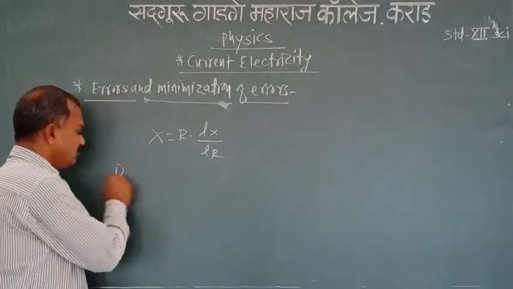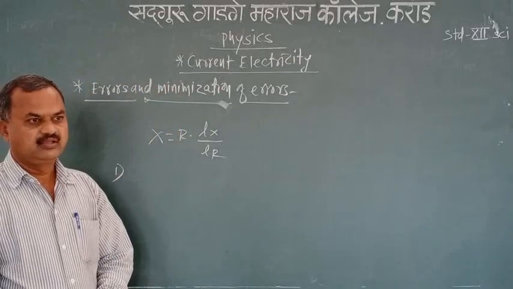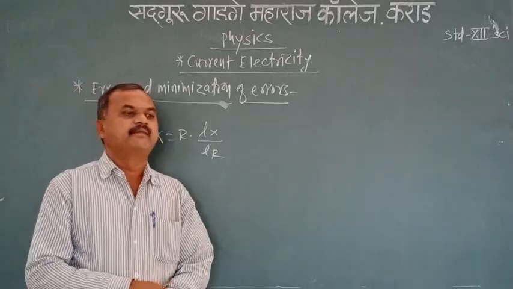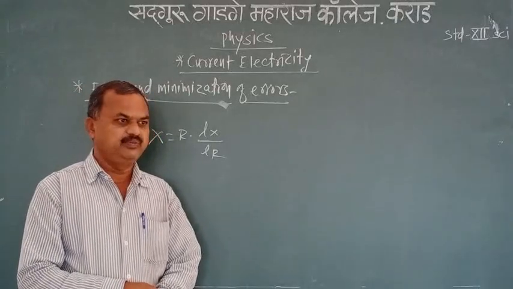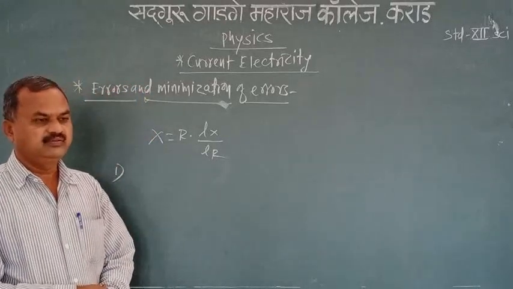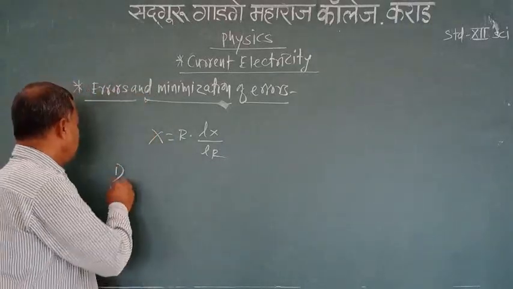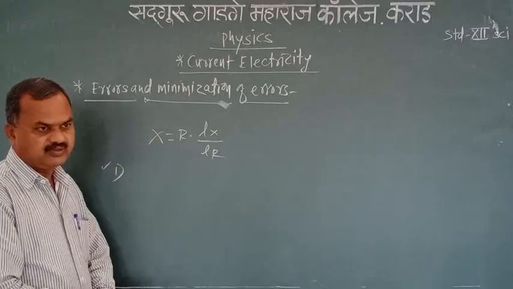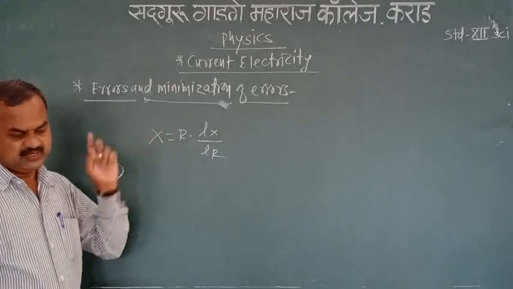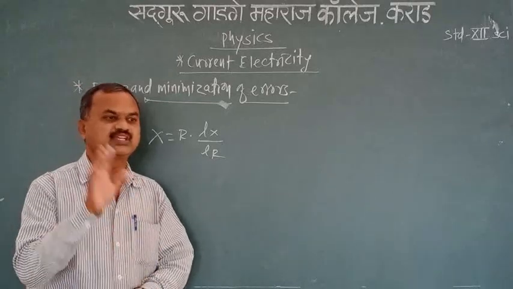First error while using meter bridge: in case of meter bridge, the wire AB to be used has not uniform area of cross section. This is the first error that occurs in the measurement of unknown resistance by using meter bridge. The wire should be of uniform area of cross section.